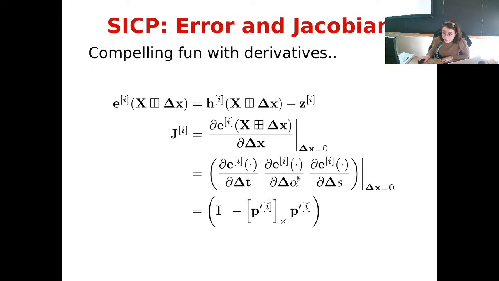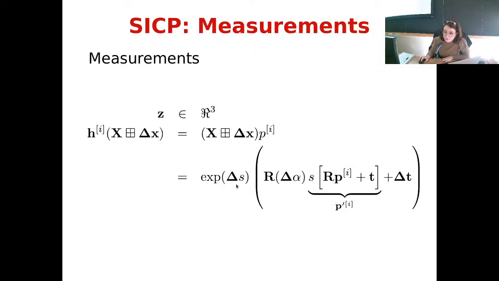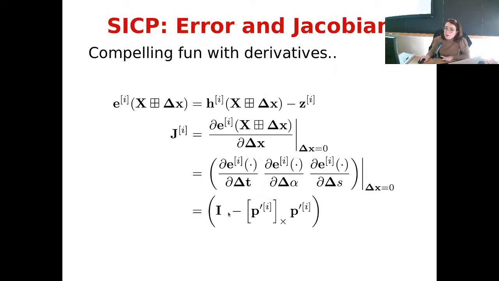And as the Jacobian is computed in delta x equal to 0, so also delta s equals 0, we have that the derivative with respect to delta t is the derivative of exp delta s delta t with respect to delta t, but exp delta s is constant with respect to delta t, and it is equal to 1 in delta s equals 0, so that in the end we only need to compute the derivative of delta t with respect to delta t, which is the identity.